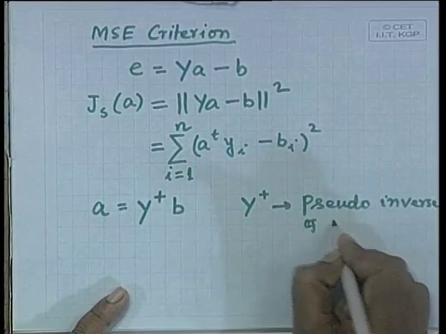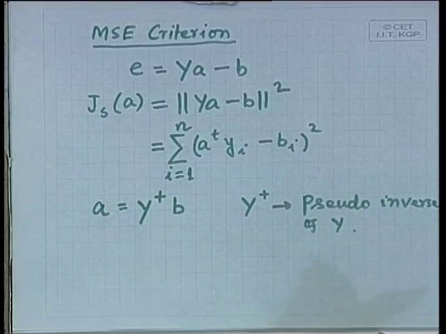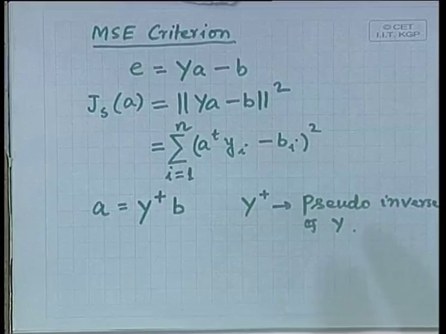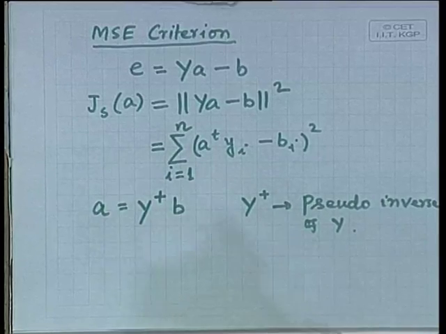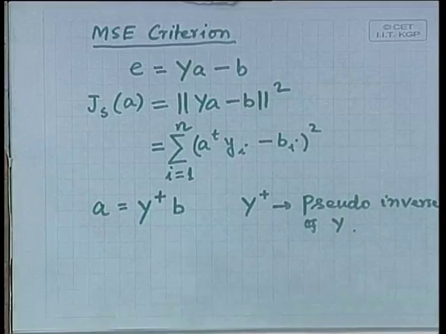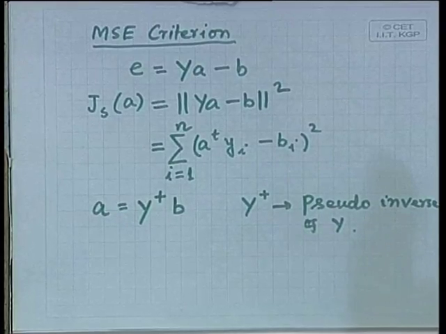Okay. And then we have said that we can still have an iterative algorithm following the gradient descent procedure, and in which case the iterative algorithm will be similar to the algorithms that we have said earlier, that is perceptron criteria or relaxation criteria.